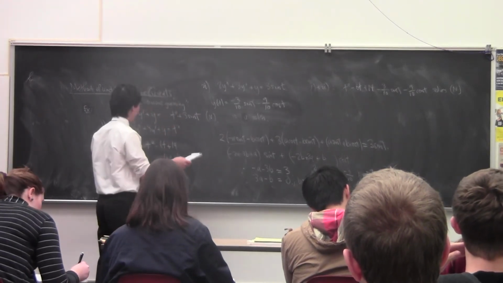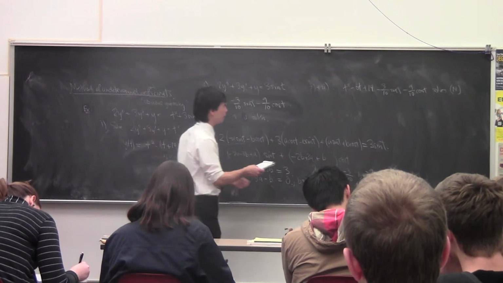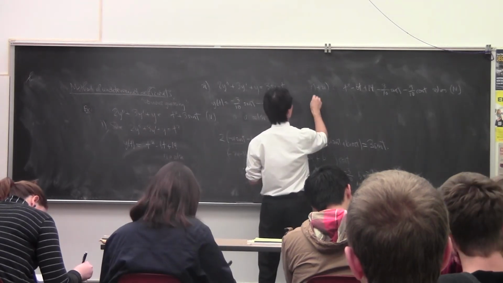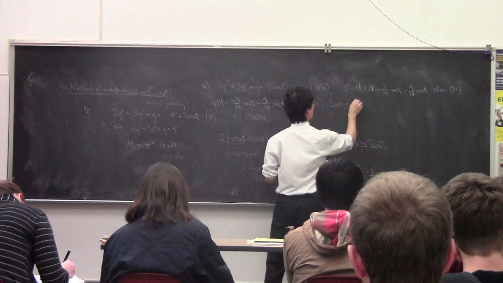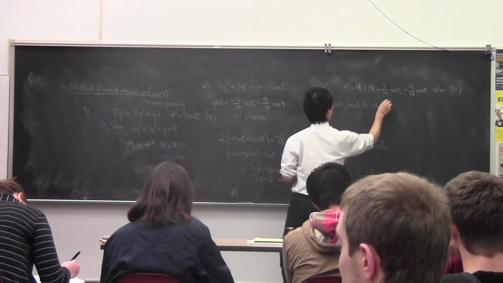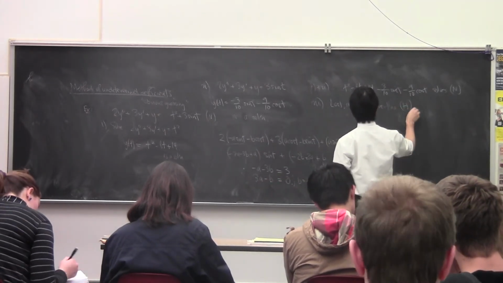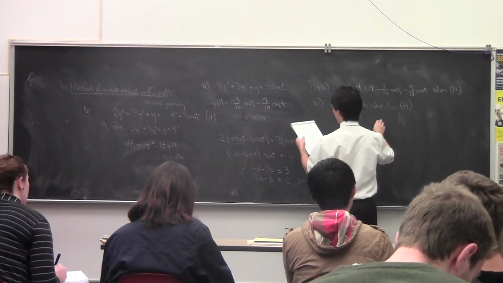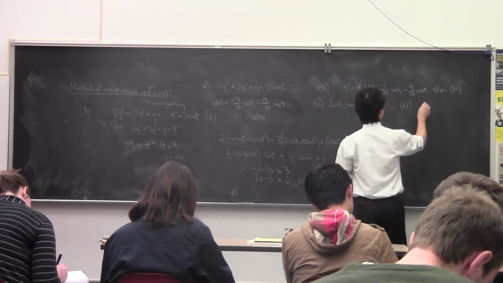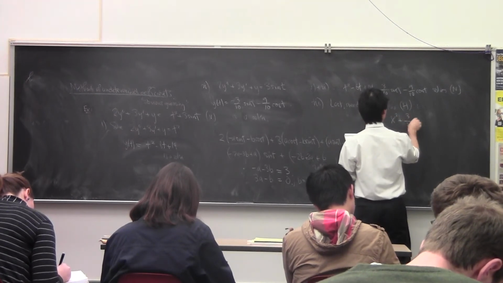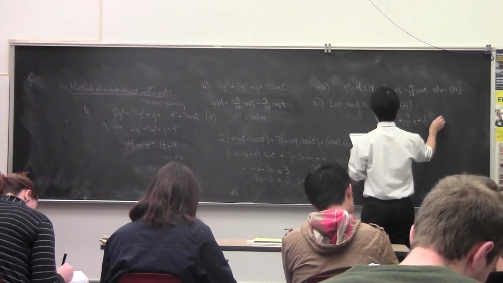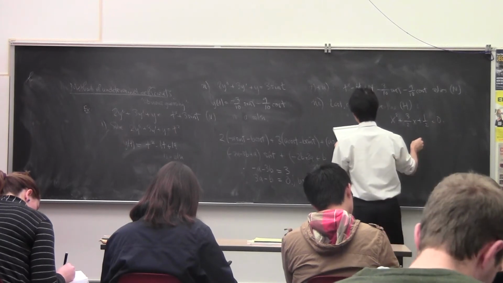Okay, and then the only thing left to do is to solve, so last we need to solve the homogeneous problem, right? So we look at x squared plus 3/2 x plus a half is 0.